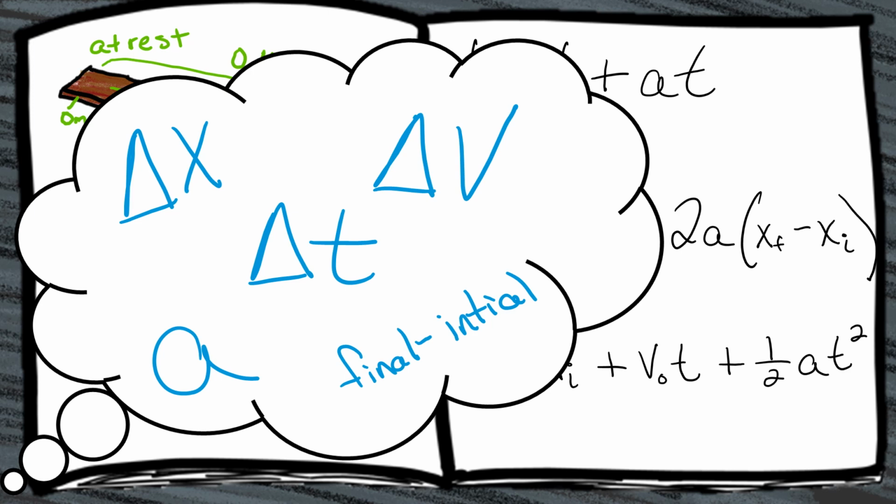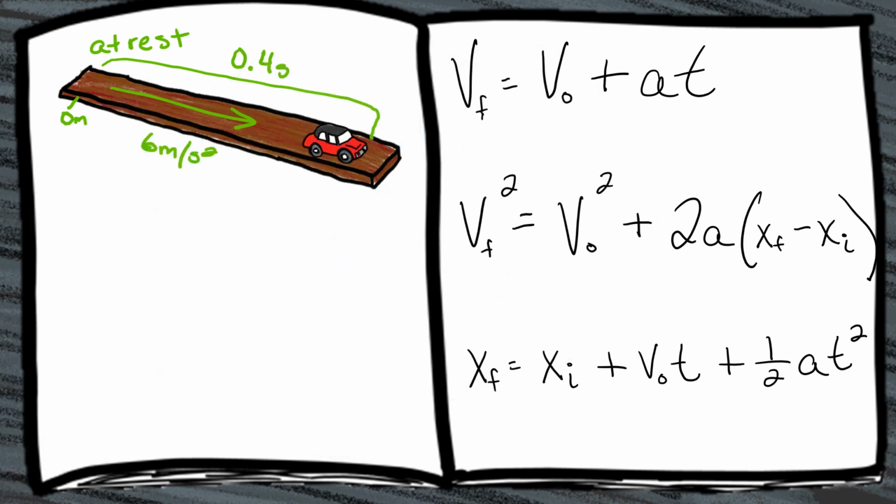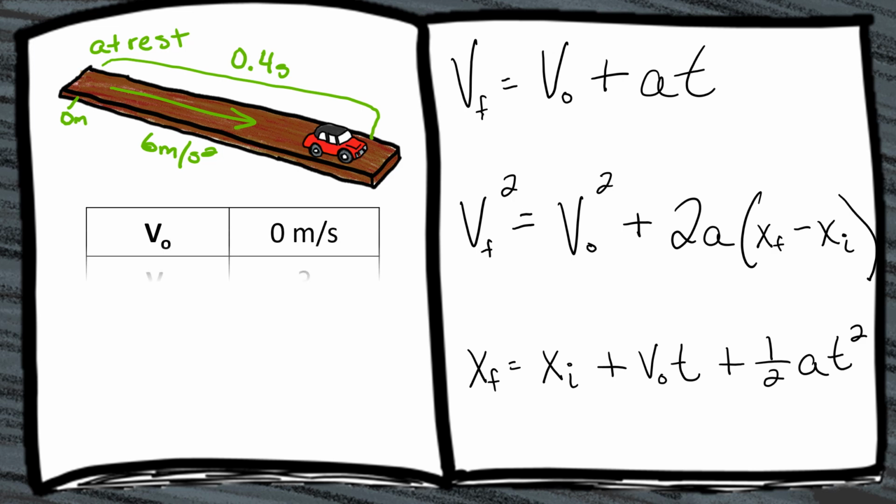That's right, Alex, we should first list out our 5 variables. That way we can identify what we know and what we're looking for. So let's see. We know that the car was at rest, therefore it had an initial velocity of 0. And we are asked to find the final velocity, so we're going to place a question mark here. Now, as for the change in position, we don't know this, but we do know the initial position, which is important because a change in position is the final position minus initial.